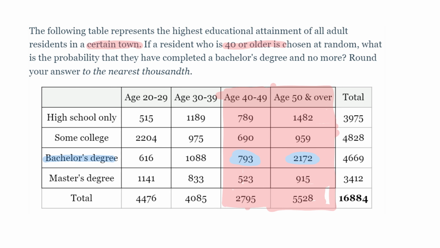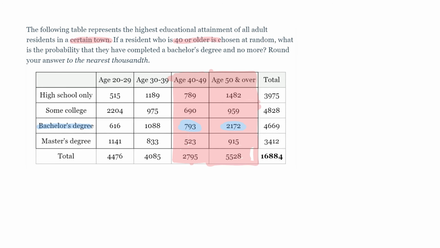So what we need now is our favorable outcome and our possible outcome. So the total number of 40 years or older is listed here at the bottom.